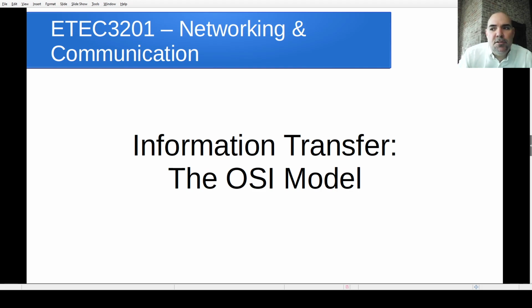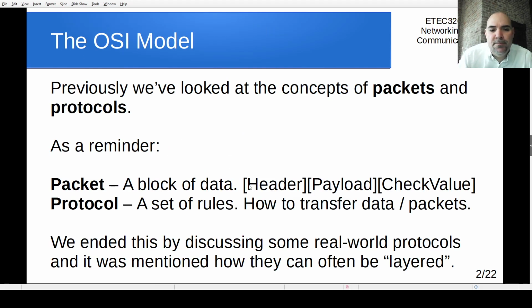Essentially, the idea behind the OSI model is that if we look at what we have talked about previously, we talked about this concept of both packets and protocols and the way those interrelate to one another. First off, a packet is essentially a block of data. That data has a header that gives us information about it.